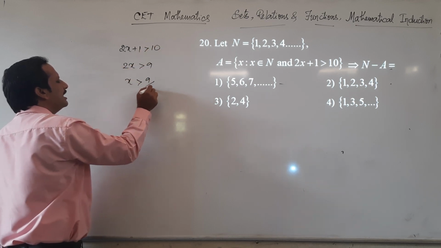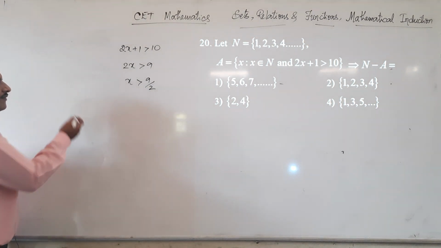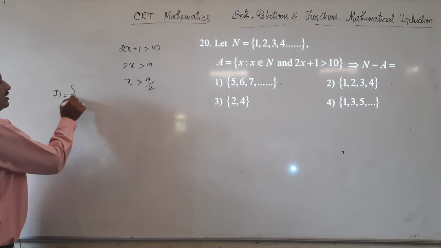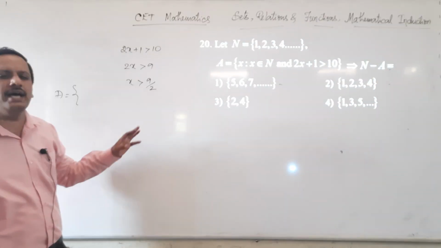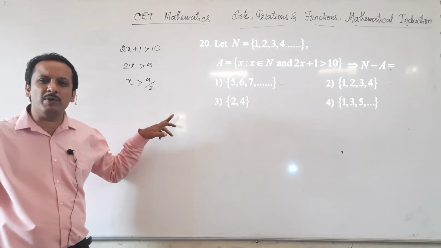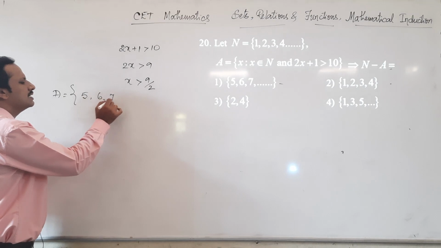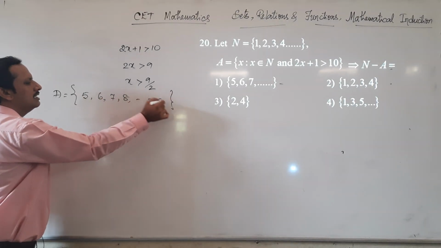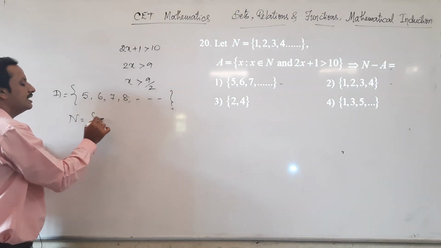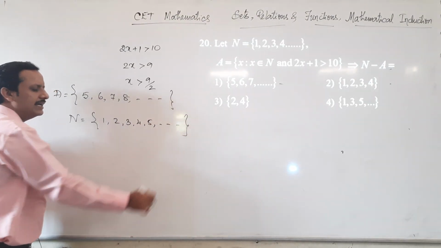X is greater than 9 by 2, so 4.5. The set A should be the set of all natural numbers greater than 4.5. Greater than 4.5 means A is 5, 6, 7, 8, etc. This is A. N is the set of all natural numbers 1, 2, 3, 4, 5, 6, 7, 8, etc.